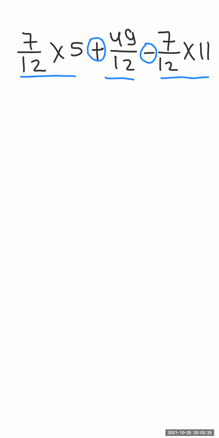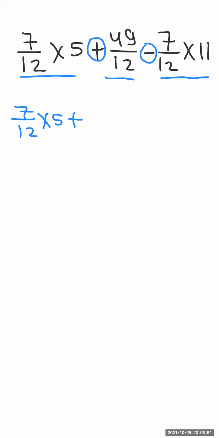Then look for the common element or the common factor here. Actually, on the first one, there is 7 over 12, and on the last one, 7 over 12. But there is no 7 over 12 in the middle, right? Concentrate very well. 7 over 12 times 5 plus 49 over 12.